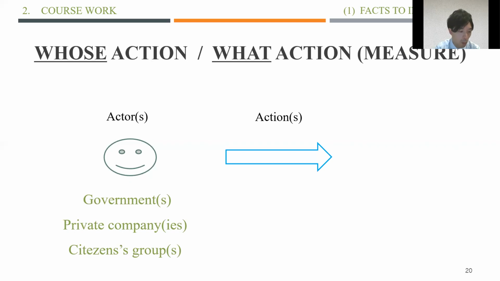And when I say what action, it means the specific action or a specific policy or specific policy measures. They could be that of setting up new rules or organizing social enterprise or starting volunteering and so on.